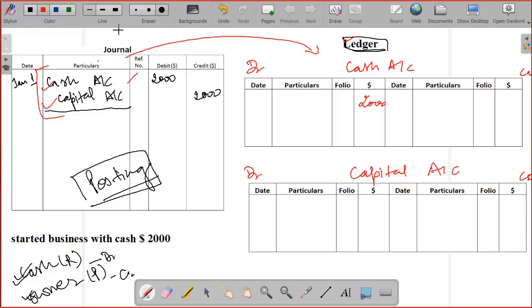Okay? Why on the debit side? Because in the entry the cash account is debited. That's why on the debit side. So first write down the amount, then write the date, January 1st. What is the date? So that January 1st we have to write.